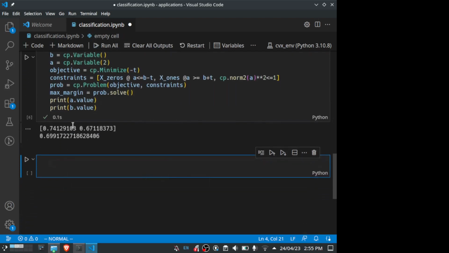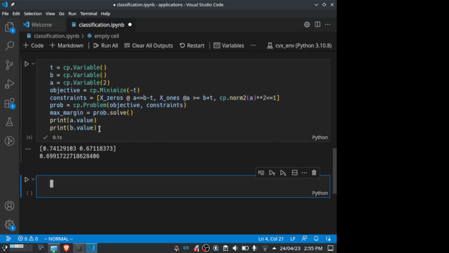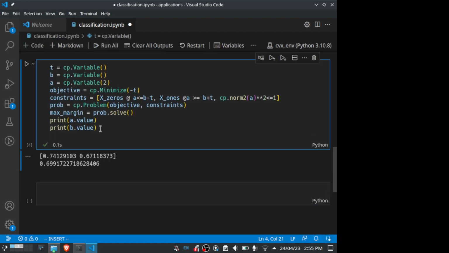So the optimal a turns out to be equal to 0.74. Let's see what the max margin is.